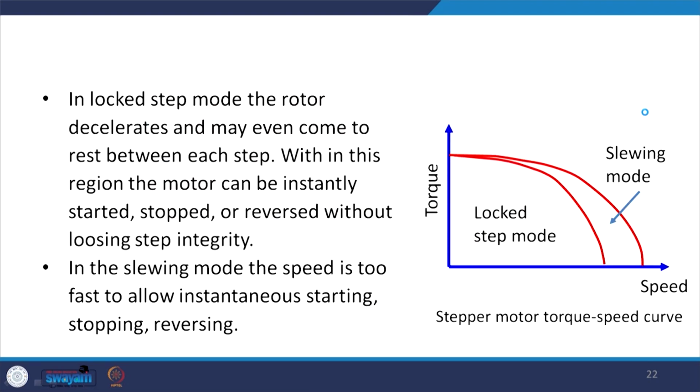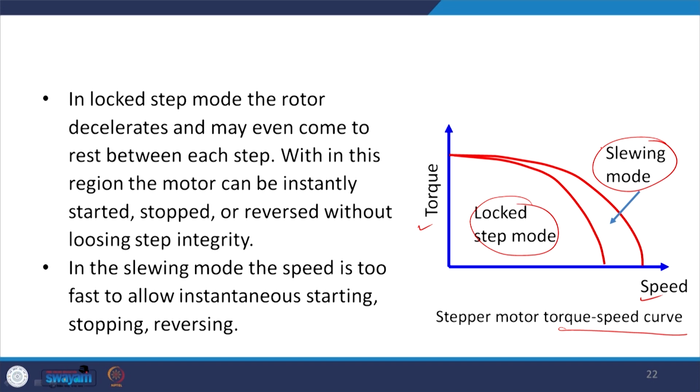Now, if we look at the stepper motor torque speed curve, there are two modes: one is called the locked step mode and the other is called the slewing mode. In locked step mode, the rotor decelerates and may even come to rest between each step.